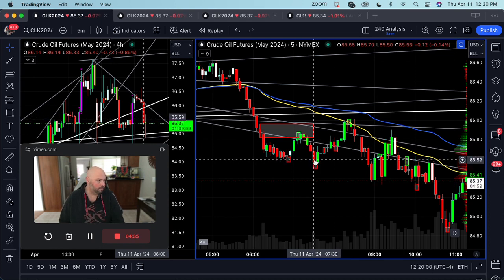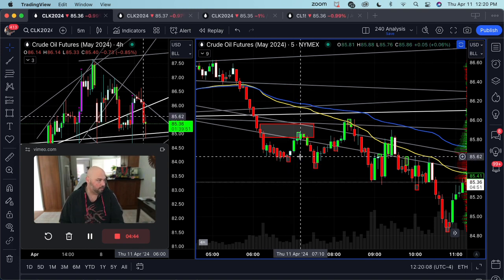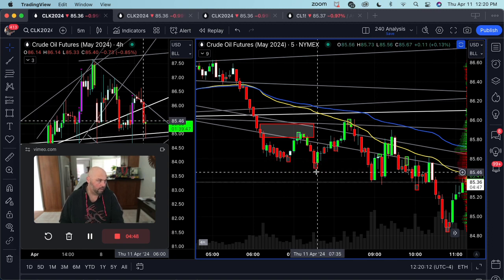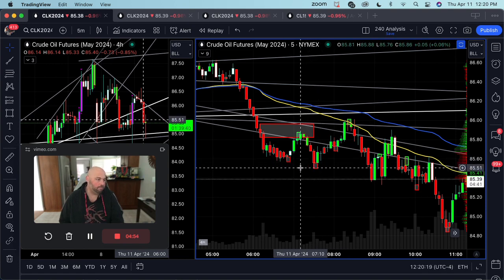Okay, so I took the lion's share of my profit on the approach to this selling absorption right here at 62. And then when I saw this selling absorption transpire at this low, I took basically almost the rest of my entire position off.